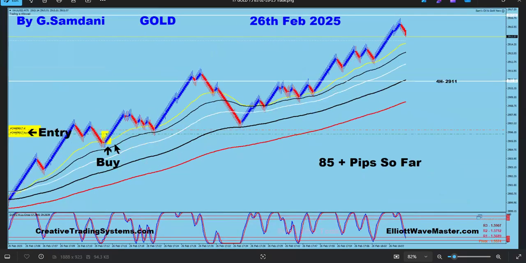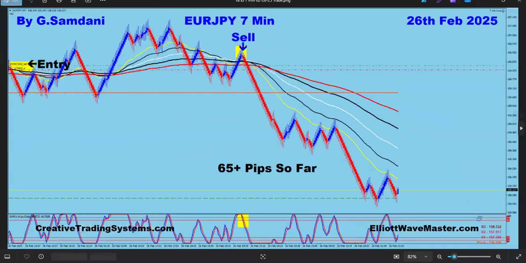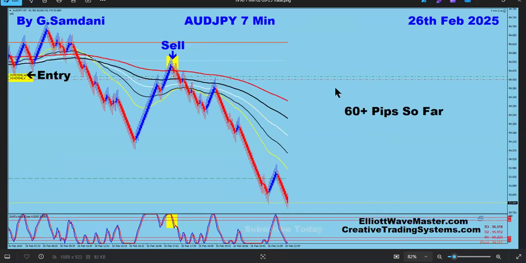On the 26th, gold again going to the upside. And then Euro Yen started to drop, this one for 65 pips from the 7-minute chart. I would say 95% of the trades that I'm showing are taken by the EA, the expert advisor robot that I have.